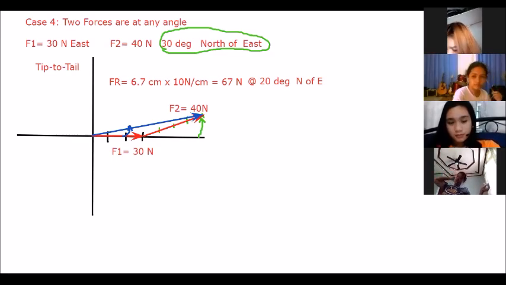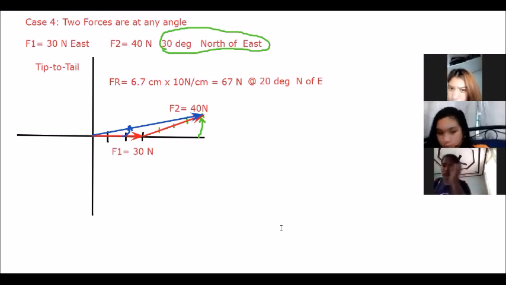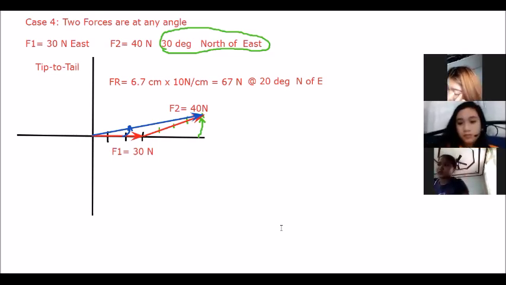So you are going to picture it, upload it in Canvas, and then kindly check your grouping. You are grouped by pairs there. So kindly view the activity.